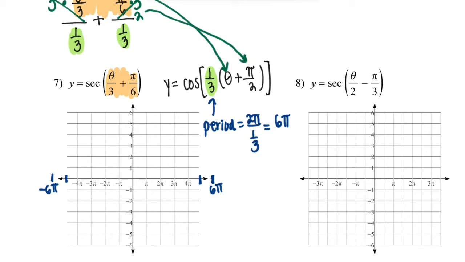So we've got our period change, and now we have a shift. Now I don't believe we have an up or down, which means we don't have a change in our midline. So I'm going to draw that midline at y equals 0.